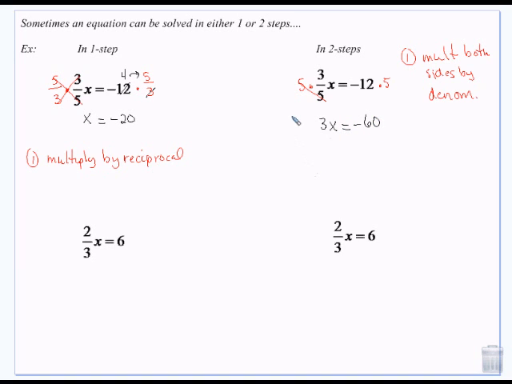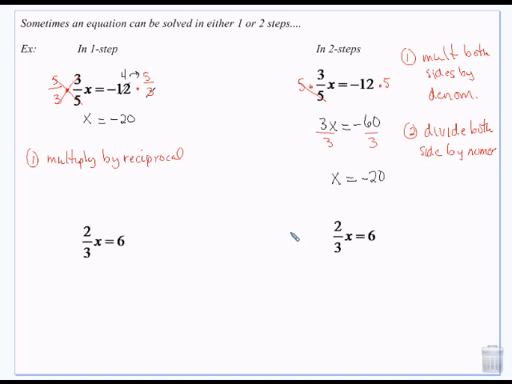And I get 3x equals -60. And then step 2 is going to be to divide both sides by the numerator. Divide by 3, divide by 3, x equals -20.